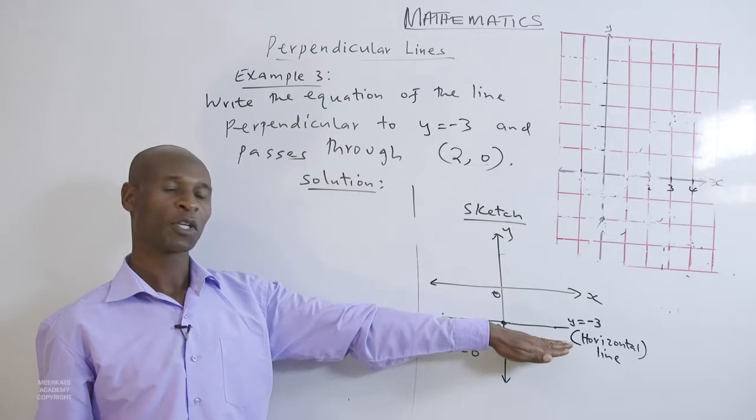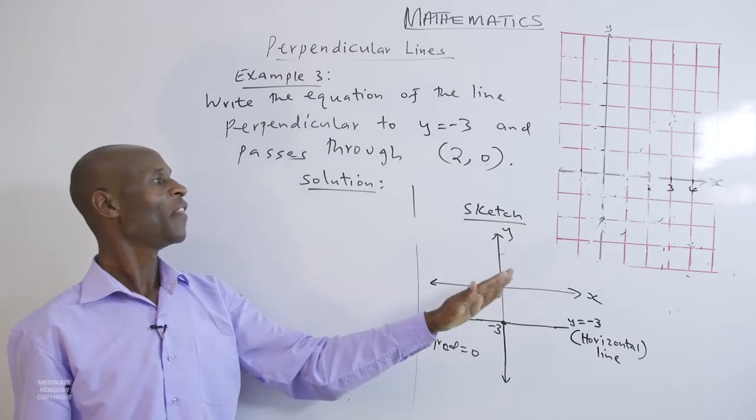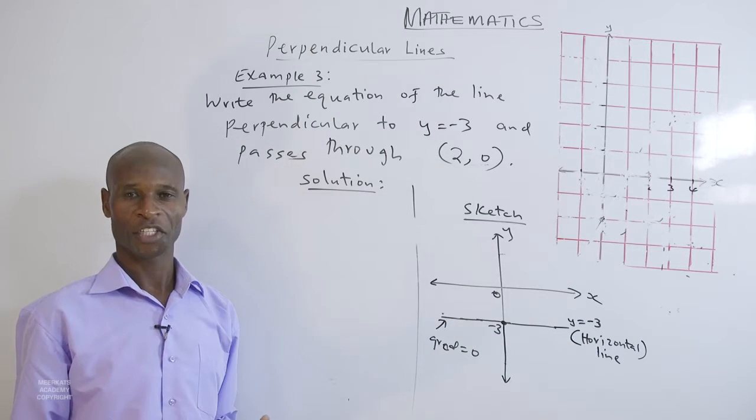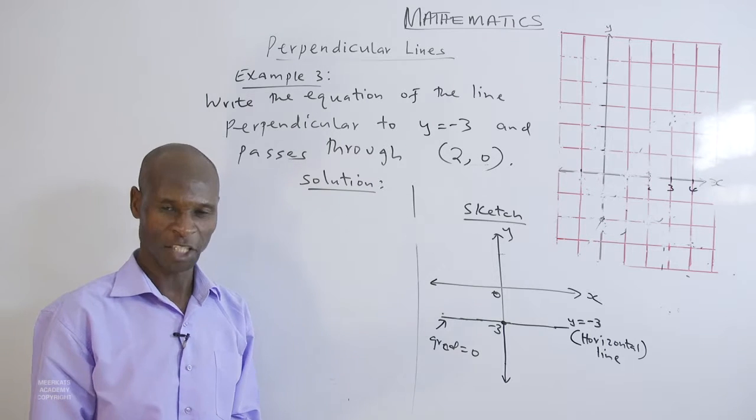So if the line is horizontal, it means the line which is perpendicular to it must always be vertical.